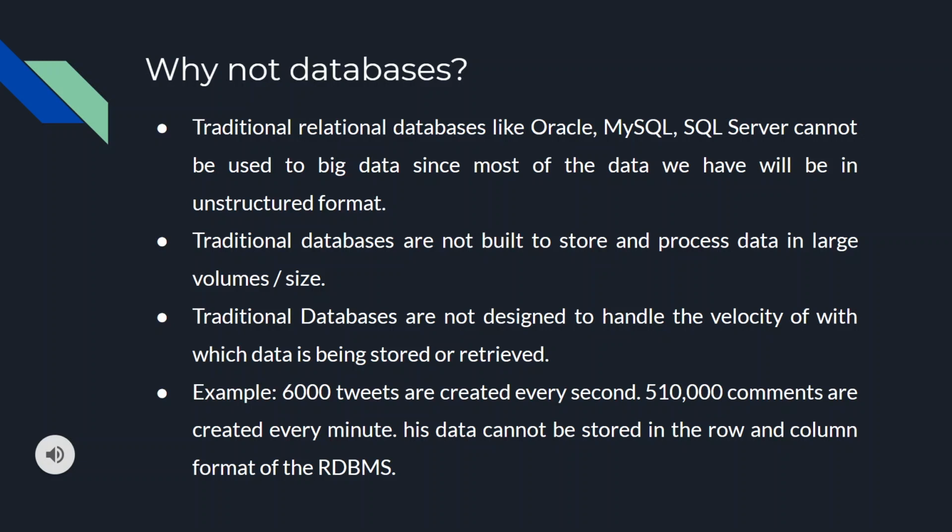The second reason is that traditional databases are not designed to handle the velocity at which big data is being stored or retrieved. So these are the two primary reasons why we are not able to use traditional databases.